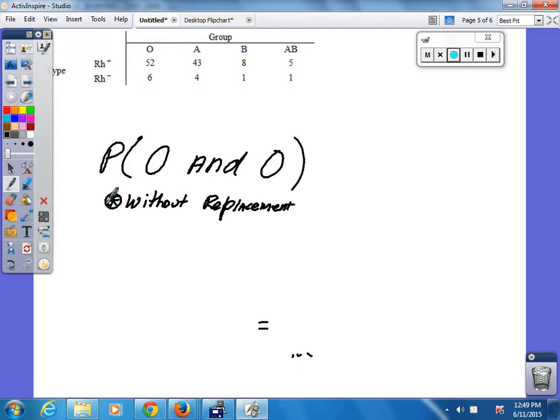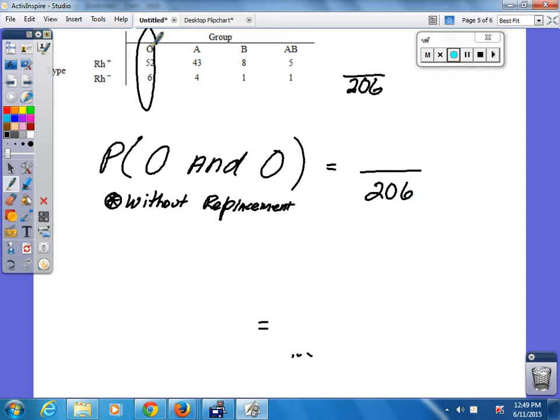All right? So let's think about the whole group is what? 206, right? So that's going to be our denominator. 206 here. How many is O? Where did that come from?